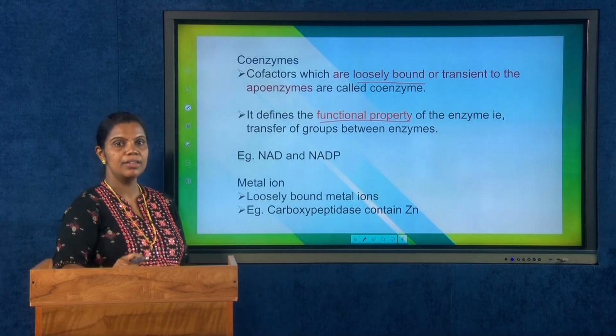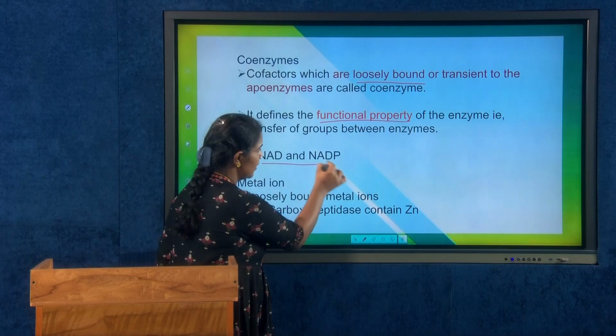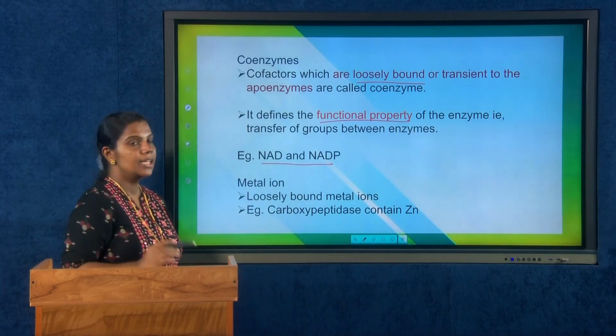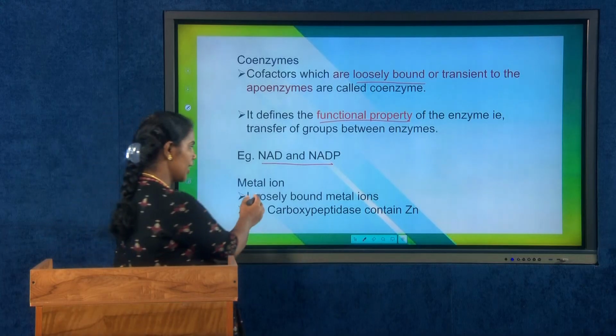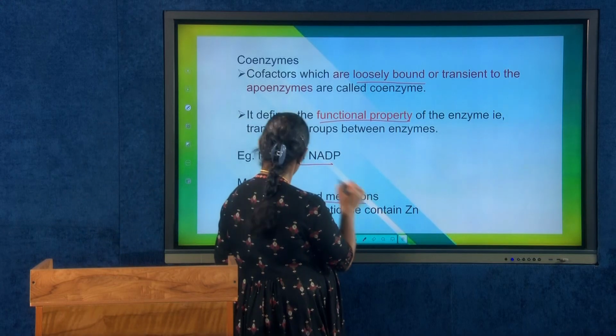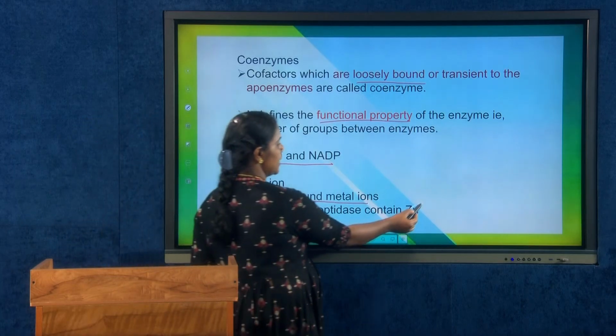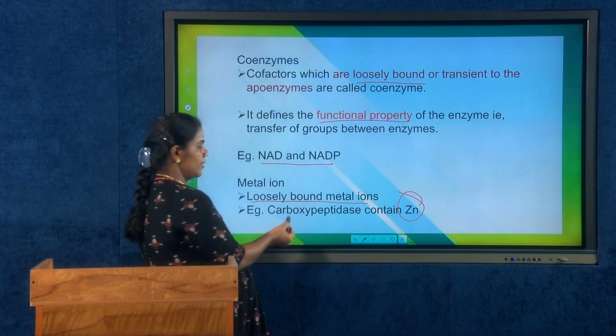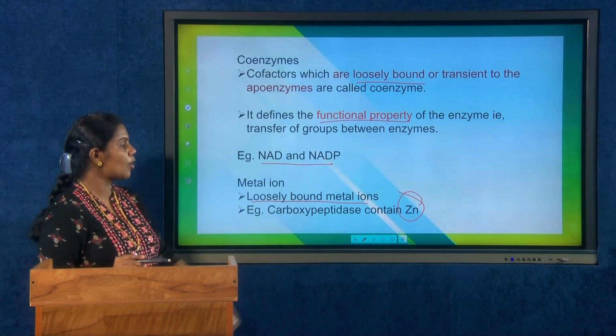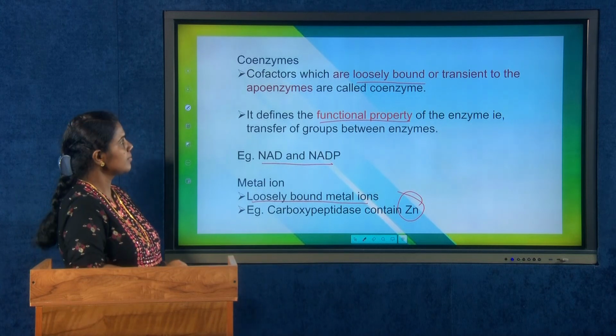For example, NAD and NADP. Then we have the metal ion which is loosely bound to the protein, for example, zinc which is bound to the protein part in carboxypeptidase.